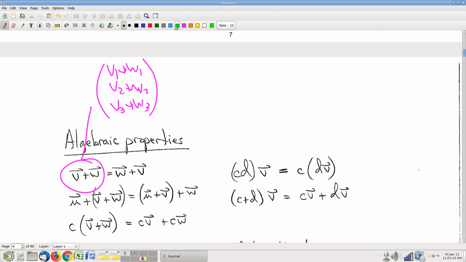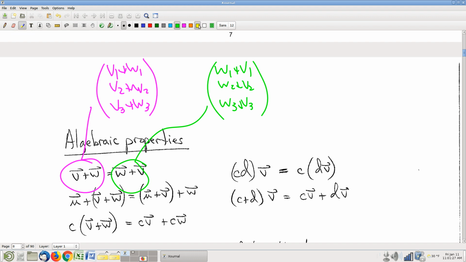And we have a formula for W plus V: W1 plus V1, W2 plus V2, W3 plus V3. And so the question of whether these two vectors are equal boils down to the question of, are these ordered triples equal to each other?